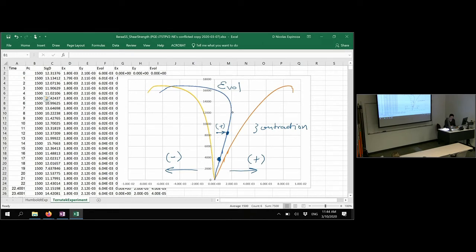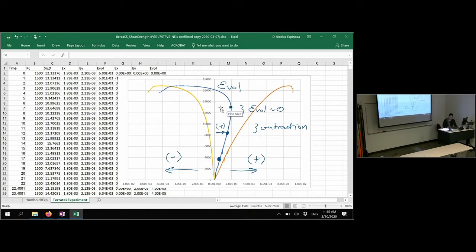However, if I compare, for example, these two points at 12,000 and let's say 13,000, there is almost no change in volumetric strain. So the volumetric strain is about 0 because it is not changing.